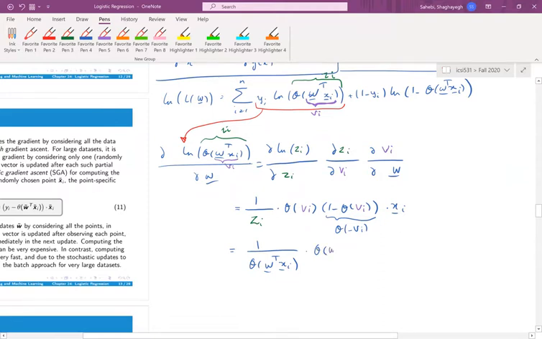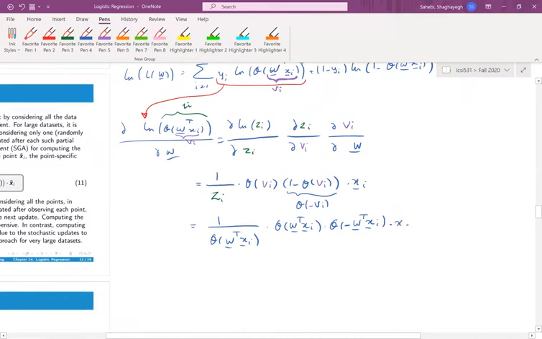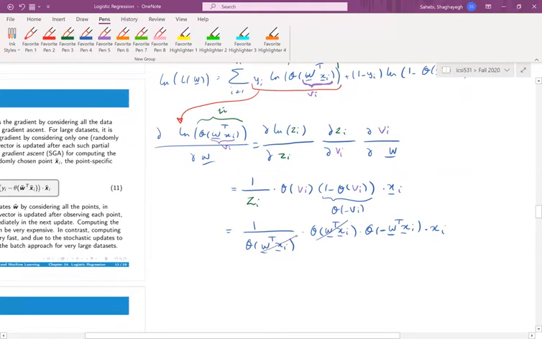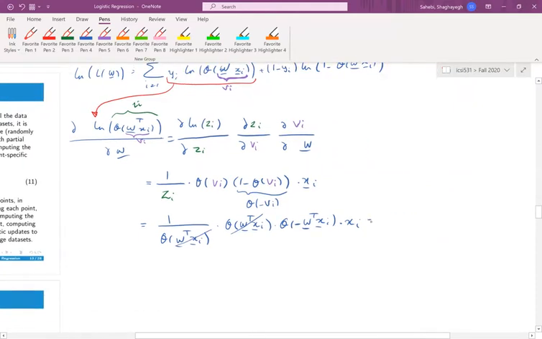It was W transpose Xi itself, multiplied by theta of negative Vi, so negative W transpose Xi, multiplied by Xi, right? So these two cancel out each other. So eventually the derivative will be theta of W transpose Xi multiplied by Xi.